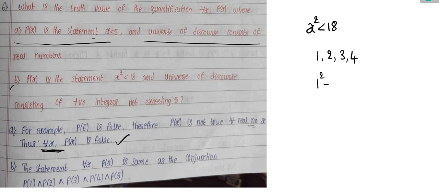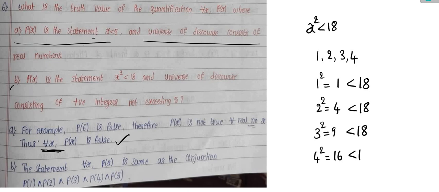Once we check, 1 square is 1, 2 square is 4, 3 square is 9, 4 square is 16. Observe, 1 is less than 18, 4 is less than 18, 9 is less than 18, 16 is also less than 18. That means this statement is true when we take x equal to 1, 2, 3, 4. That means the statement is true for all these values. So it is a conjunction. Conjunction means and.